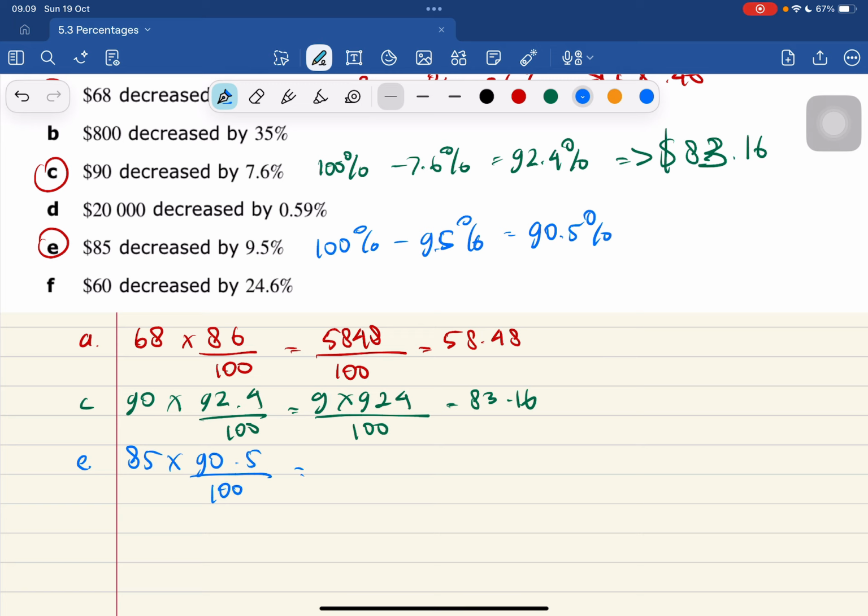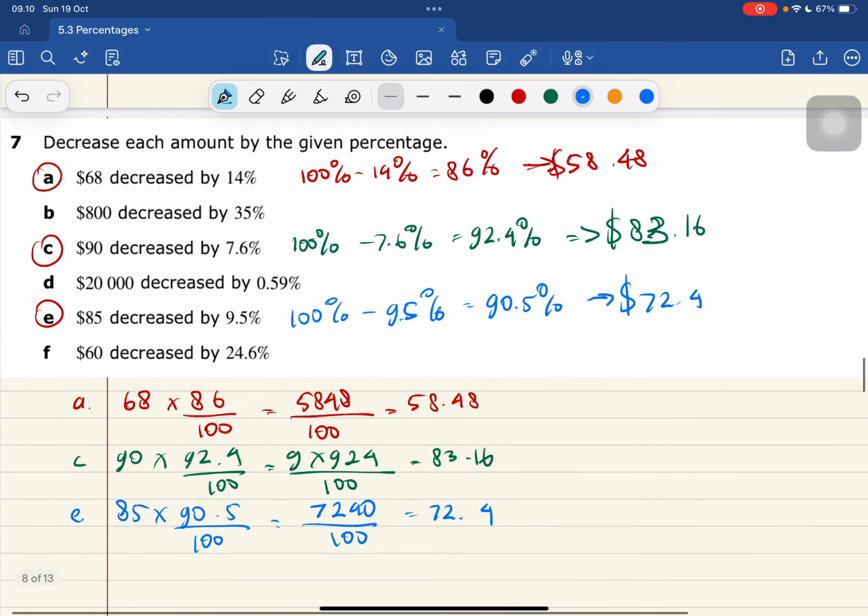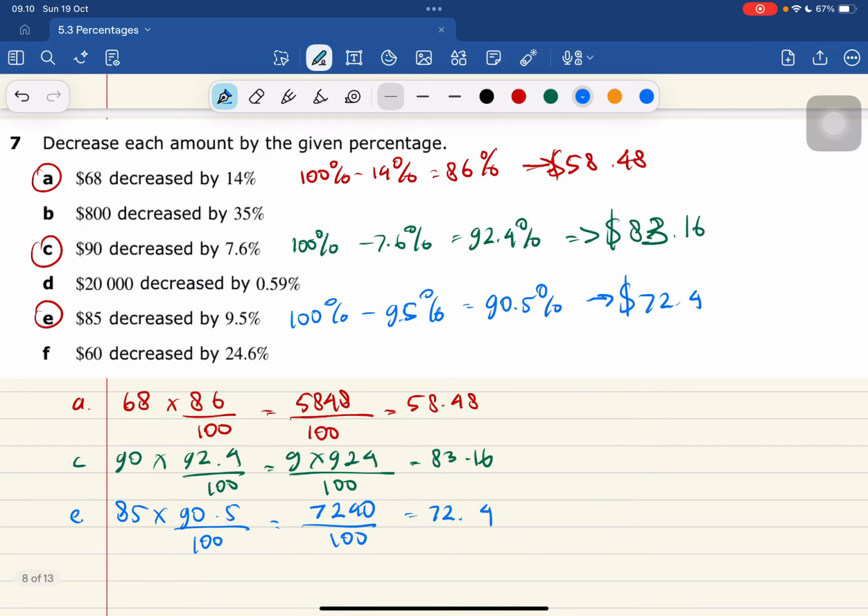So let's make it 90.5 times 80 is going to be 7,240 divided by 100 is going to be 72.4. So for E is $72.4.